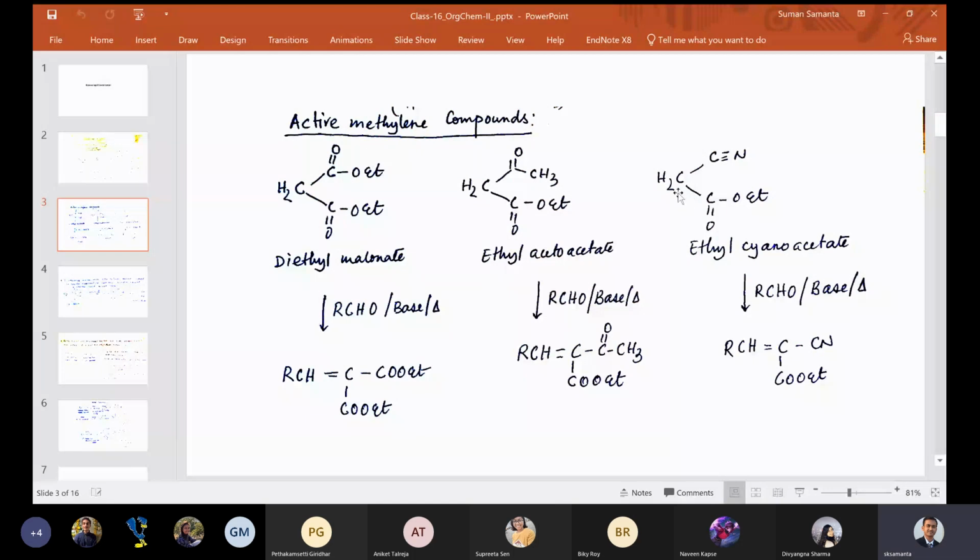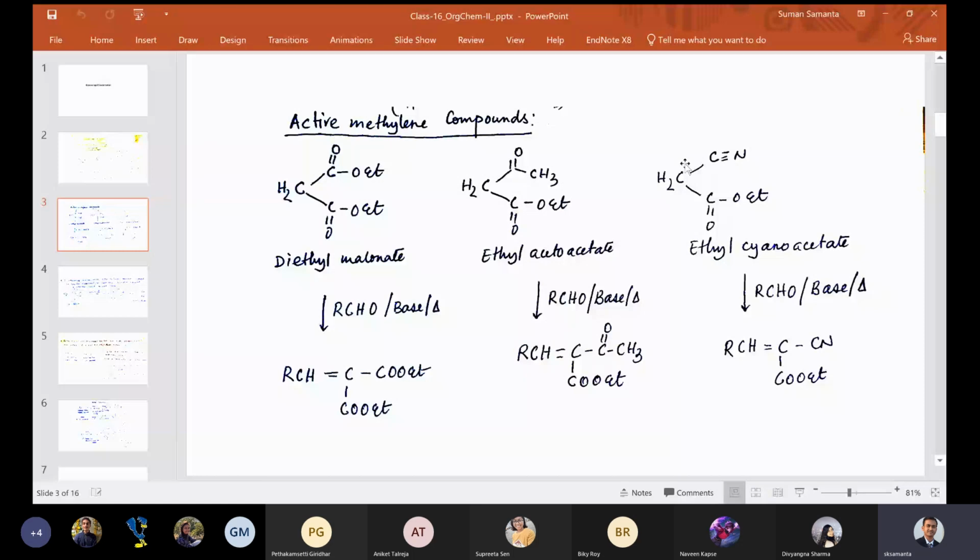That is why the negative charge that forms on this carbon has a bit more nucleophilicity than these two, because this negative charge is not much withdrawn by this cyanide group.